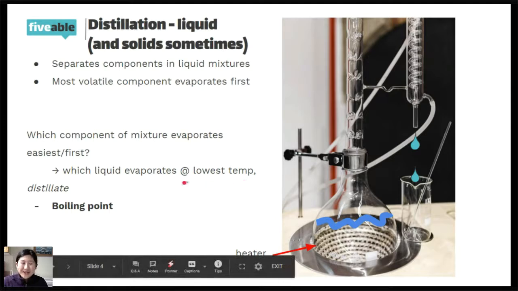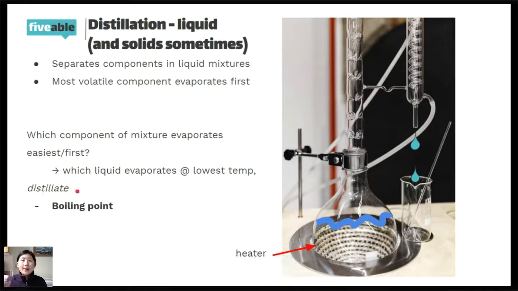And that liquid, or that component of the mixture, is called the distillate. The distillate is the part that evaporates first. As it evaporates, it moves up the tube and condenses as it goes up.